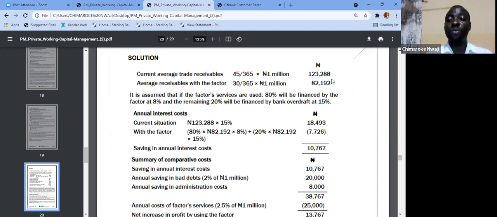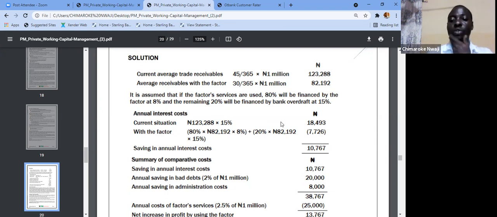So this 82,192, which they are going to collect in 30 days, they are giving you 80% of it upfront, and you're going to pay an interest of 8%. So 80% of this upfront at 8%, plus you still go to the bank to collect the remaining 20% of this figure at 15%.